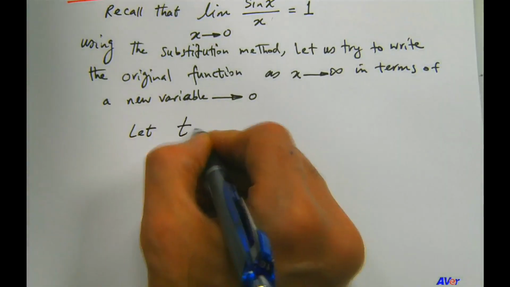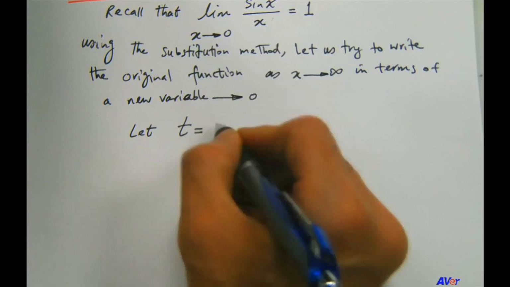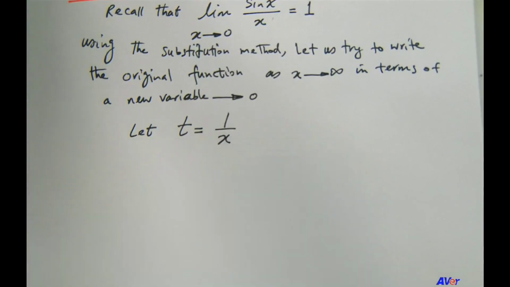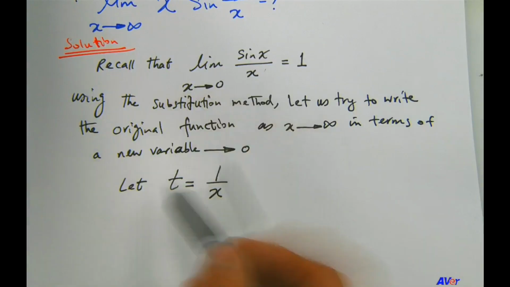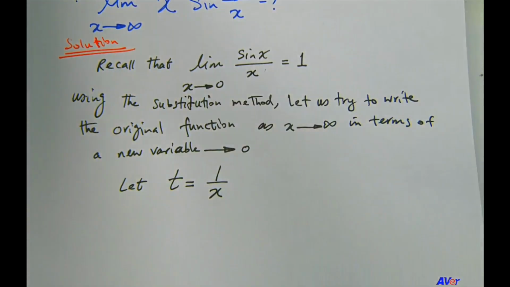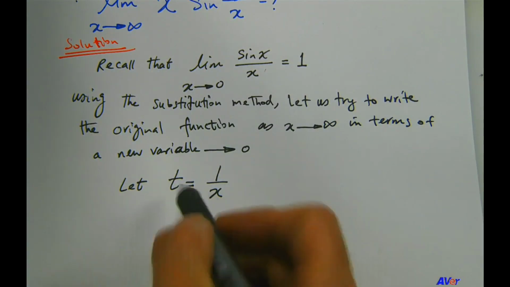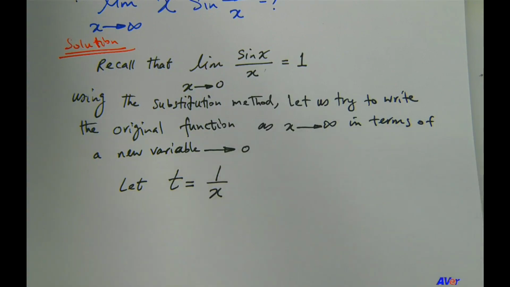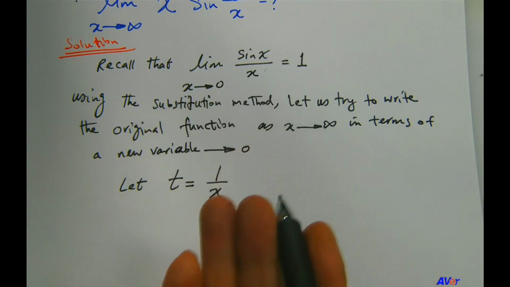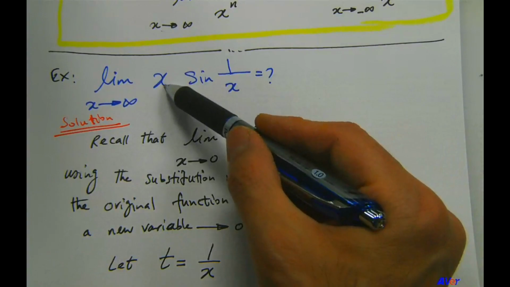Okay, so in order to do that, let us take variable t equaling 1 over x. Okay, so we're going to use substitution. We're going to introduce a new variable to apply the substitution method. So let's take a new variable t being equal to 1 over x. So what does this mean in terms of x? Because we still need to know what x is, right?